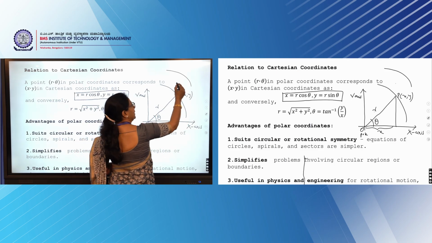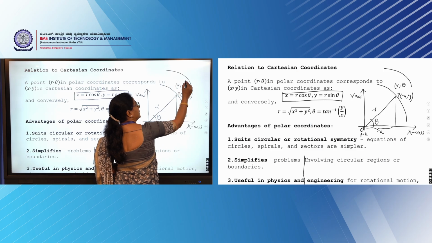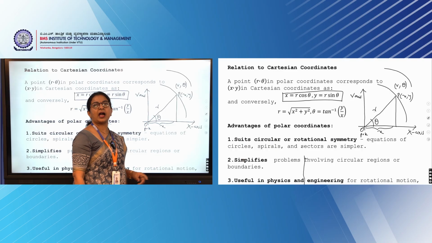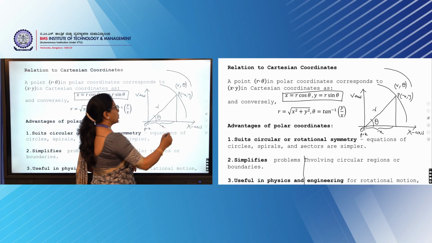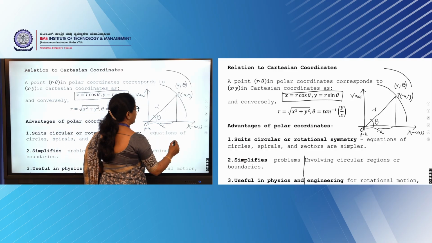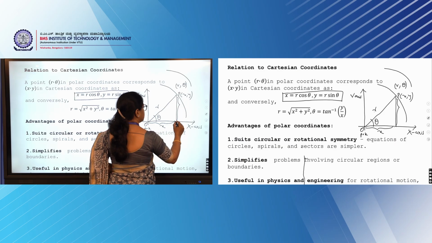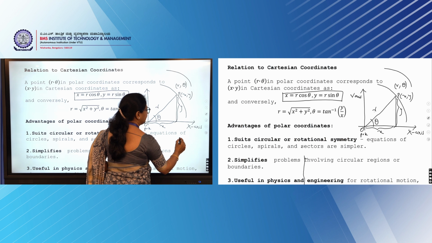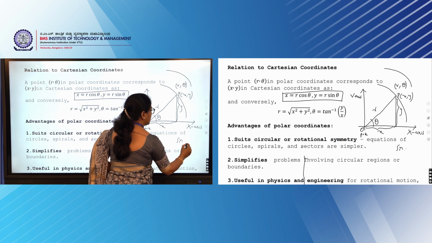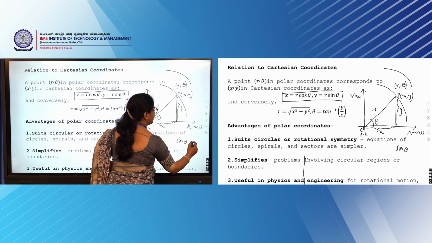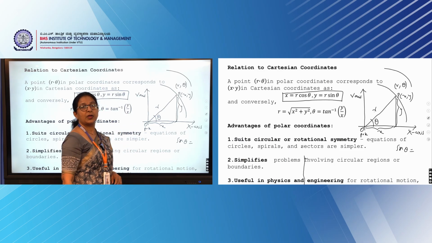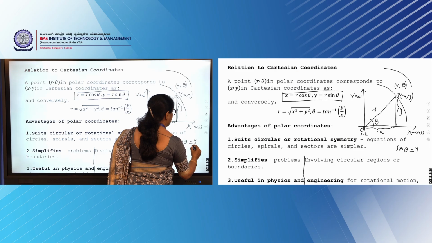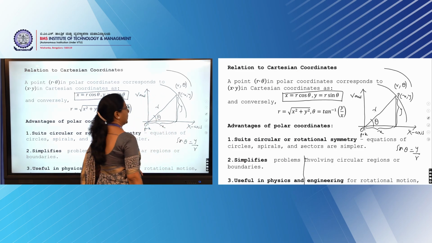So r and theta are in the polar coordinate system and x, y are in the Cartesian coordinate system. How is the relation? If this is x, this is y, this is theta, what is sin theta? Sin theta is equal to opposite by hypotenuse, that is y by r, isn't it?